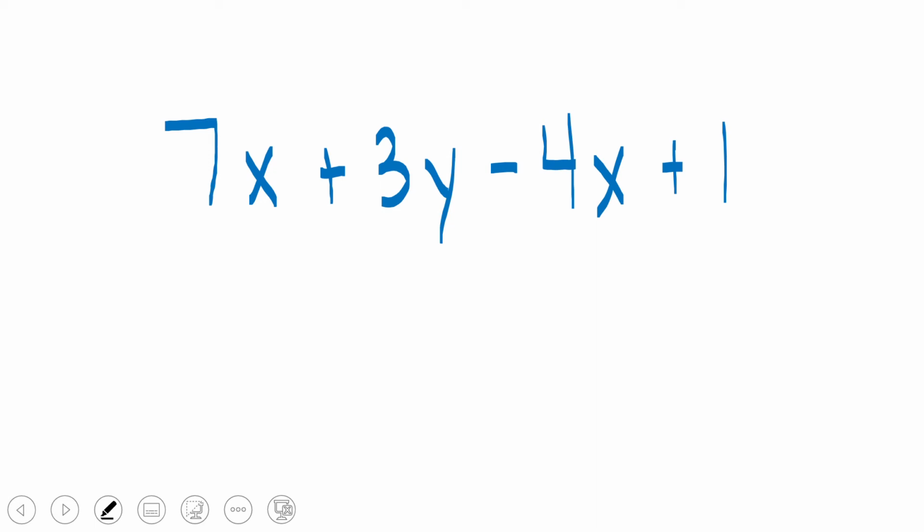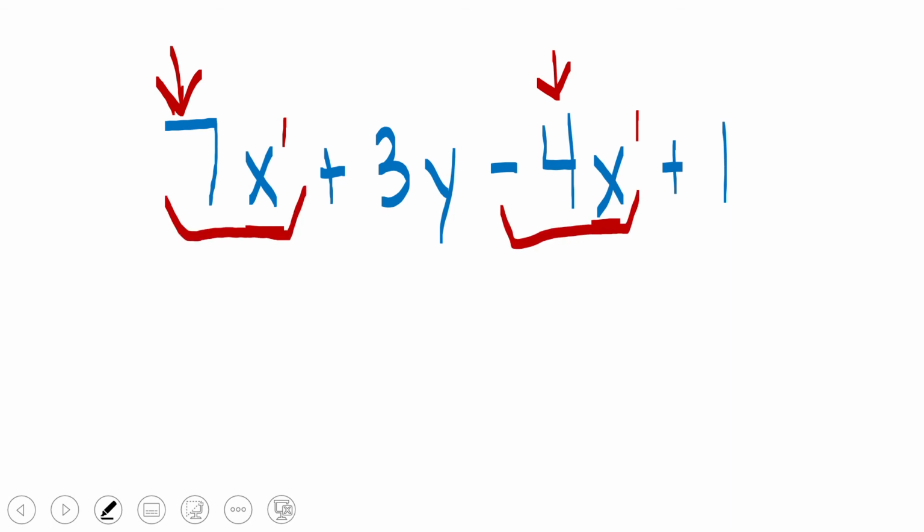Let's look for like terms that have the same unit behind the whole number. X to the first power, x to the first power. Those are the same with the constants attached to these two terms. So 7x minus 4x is a like term.